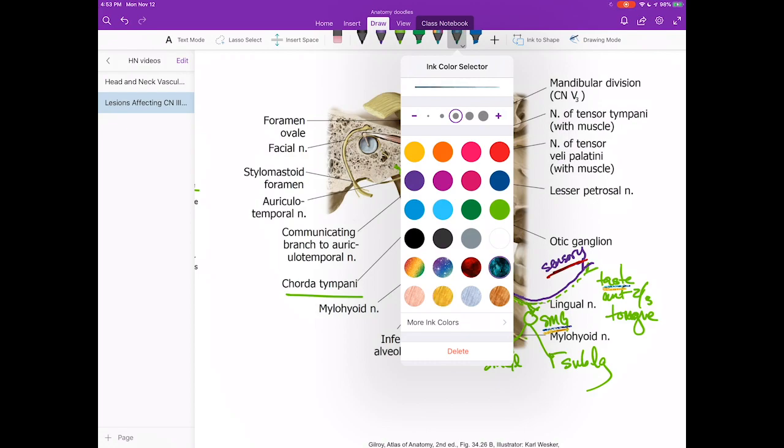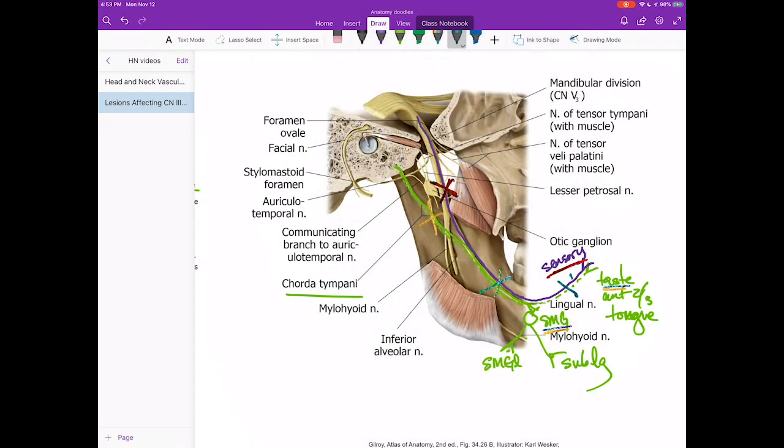So let's put it here in the tongue. So what would we lose here? Well, we would lose taste for the anterior 2/3 of the tongue, sensory for the anterior 2/3 of the tongue, but salivation would be maintained because those fibers have already hopped off of the nerve. So that's the principle of lesion location.